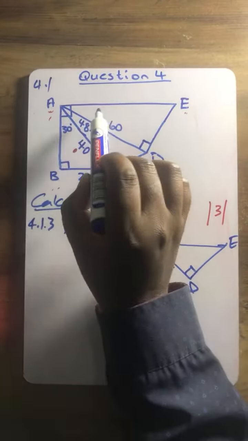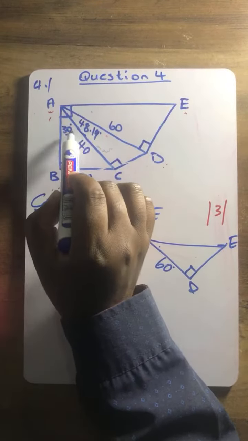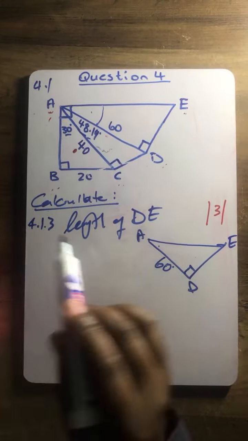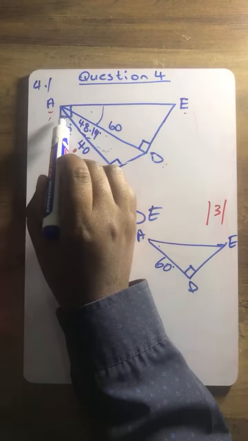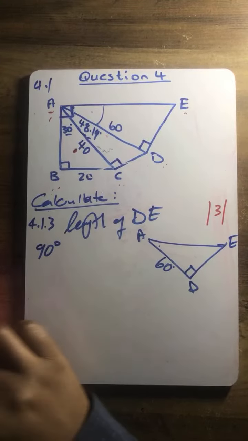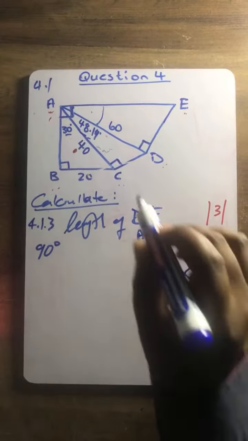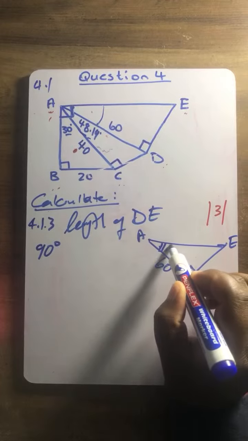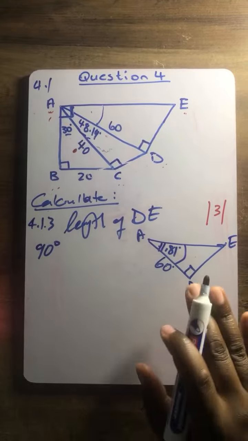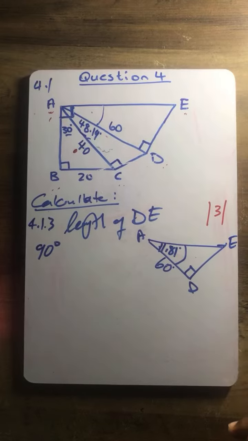So if we want to know what that angle is, we take the total, 90, minus these two: 90 minus 30 minus 48.19, what remains is 11.81 degrees. That is the only tricky part, but once you know that, you can easily work it out. I hope you guys have got an idea of how to work it out.